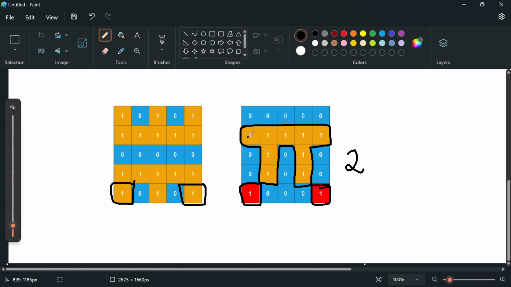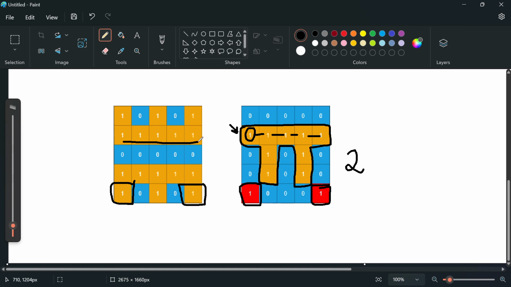For example, we will start with 1, so the island starts with 1. Let's say we check there is 1, and we go, we have 1, we have 1, we have 1, and here also the ones are matched.